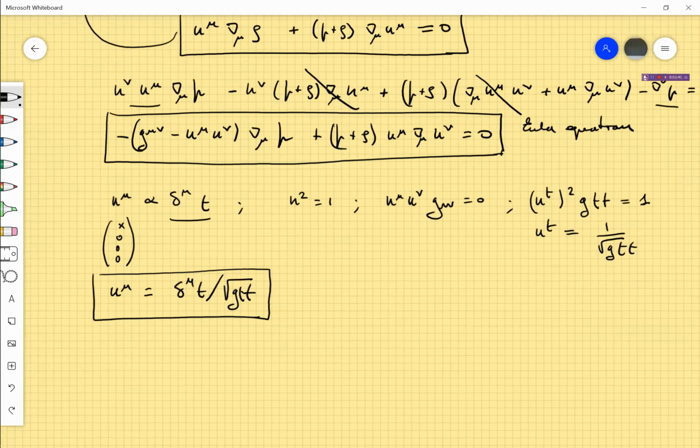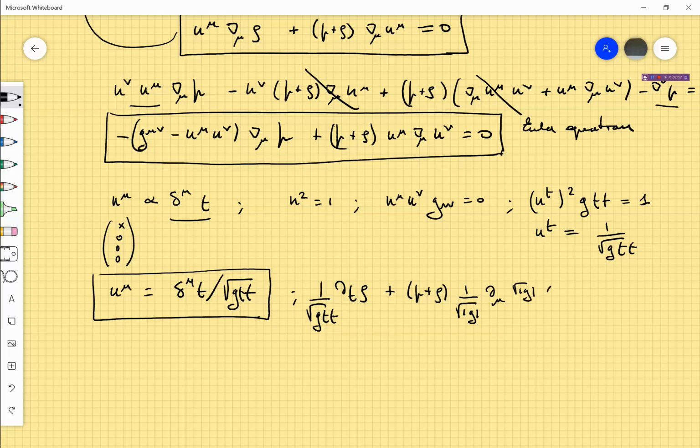Now we can use this velocity in the first equation, and it tells us that ∇_t ρ, this is a scalar, so I can already replace this by ∂_t ρ, and this comes divided by the square root of g_tt, plus (p + ρ) times the divergence, but we write it in this way, and then u^μ, which is δ^μ_t divided by the square root of g_tt.